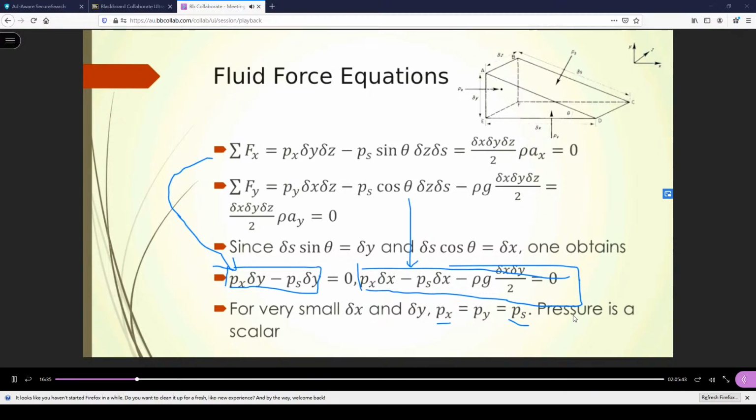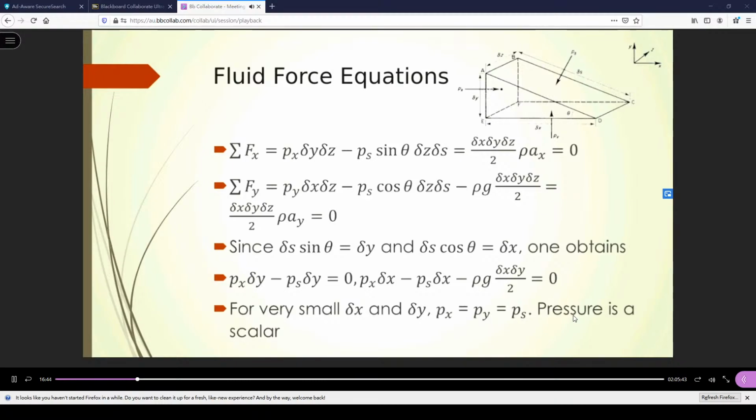Now the second equation has a little bit of complication here. But with this term, delta X is very small, right? Delta Y is very small. So delta X times delta Y, you can actually cross out. If delta Y is very, very small, the effect of the weight is basically not significant.